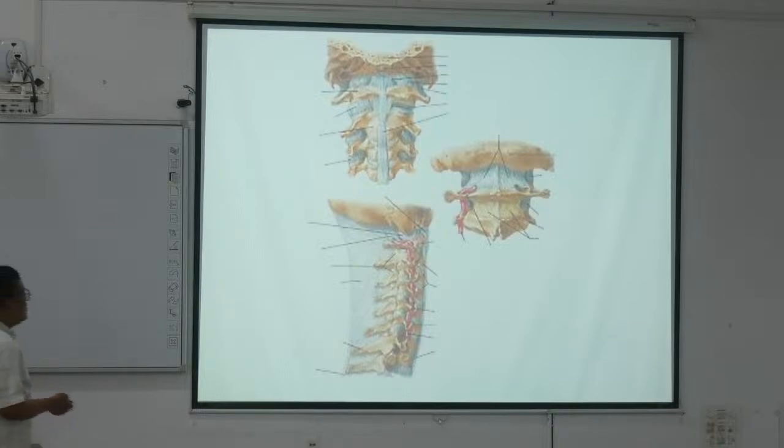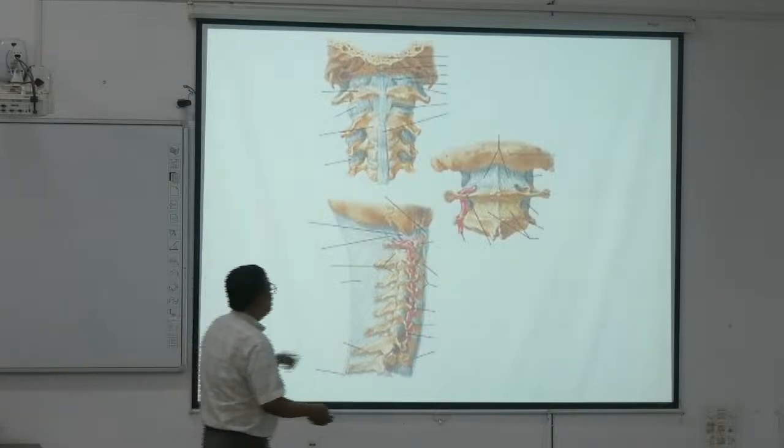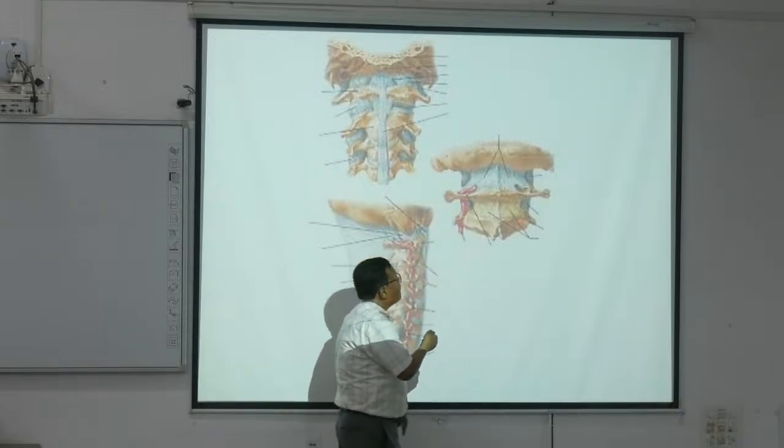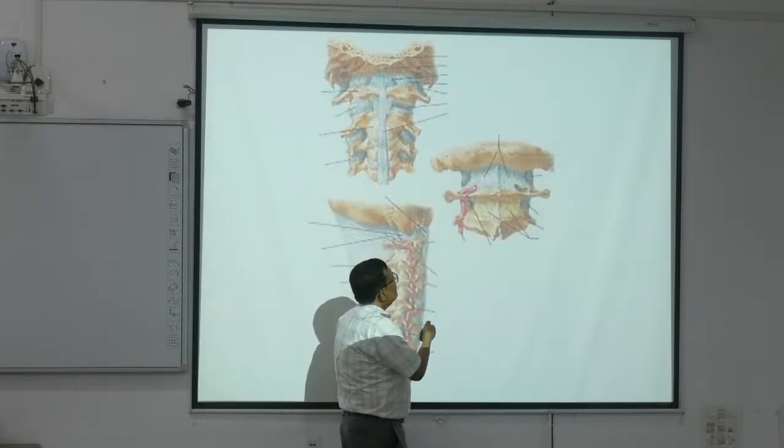And posteriorly, similarly, in the posterior aspect, there is a membrane. This is the posterior atlanto-occipital membrane extending from the superior border of the posterior arch of the atlas to the posterior margin of the foramen magnum.